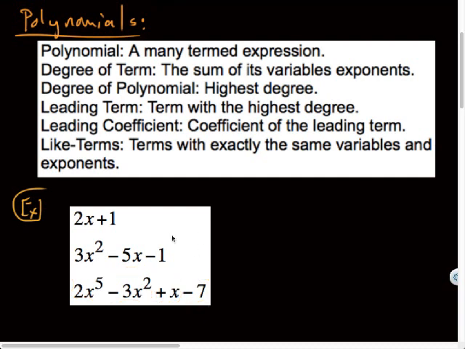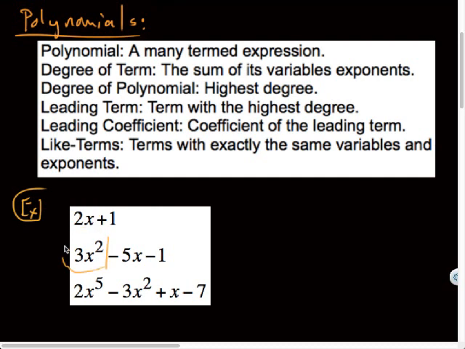So the degree of a term is the sum, meaning add, of its variables' exponents. For instance, the degree of this term: this variable has a little invisible 1, so the degree is 1.